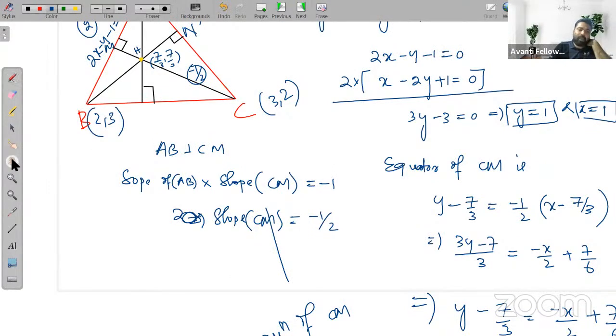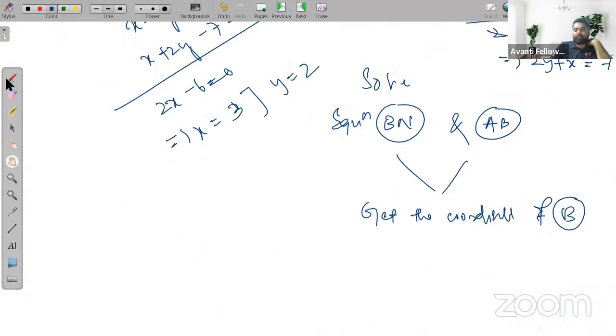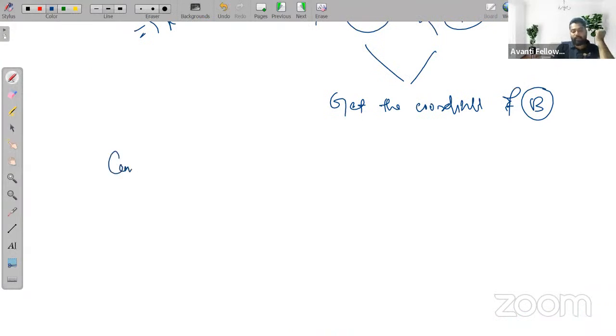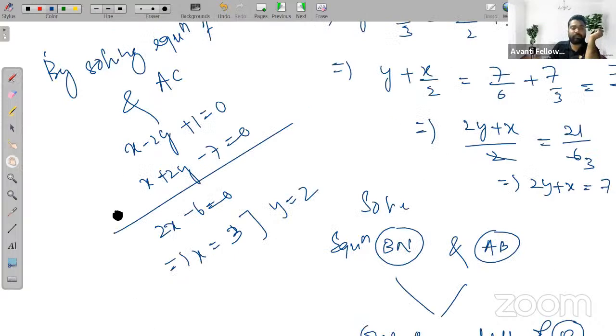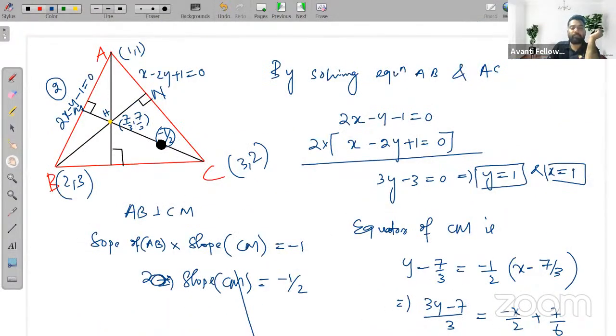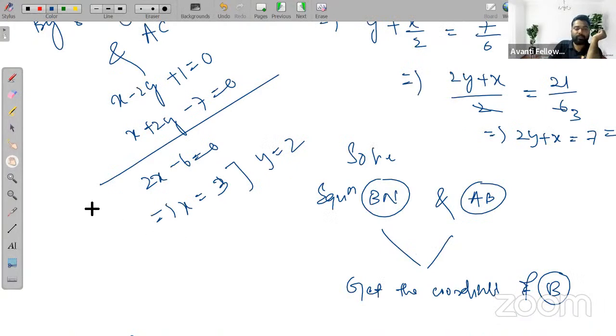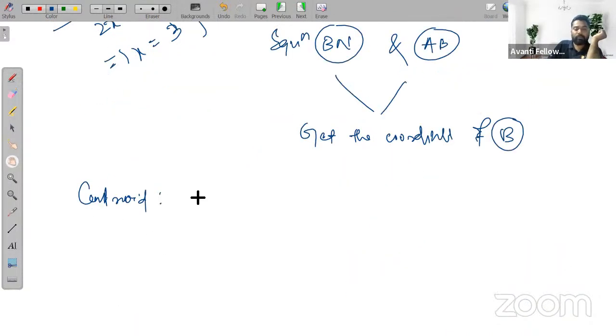So now we can easily find the centroid. What will be the centroid? The first coordinates of all the vertices are 1, 3 and 2, so 1 plus 3 plus 2 by 3, comma, and also 1 plus 2 plus 3 by 3.